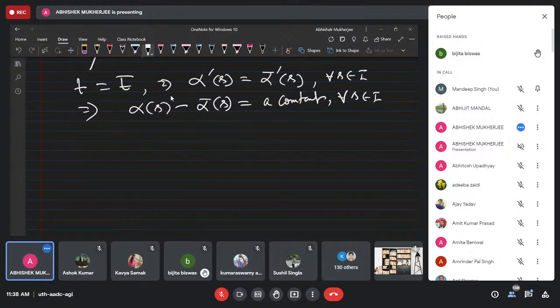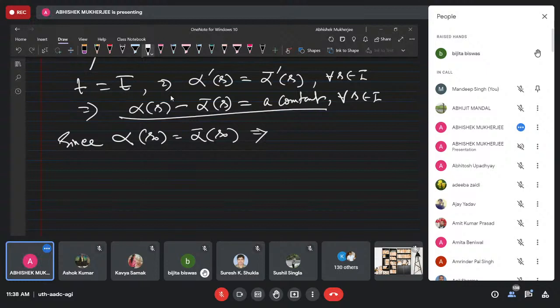So since alpha S naught equals alpha bar S naught, and since this is constant for all S, you can assert that alpha S is alpha bar S for all S belongs to I. So by means of a rigid motion, this alpha bar can be achieved from alpha.